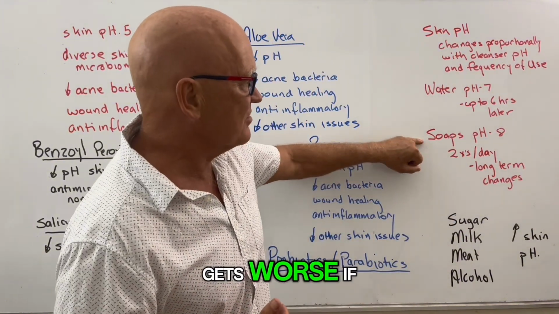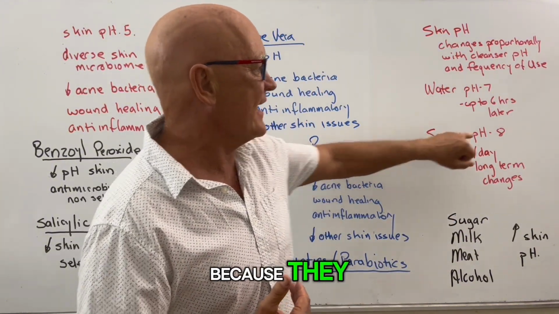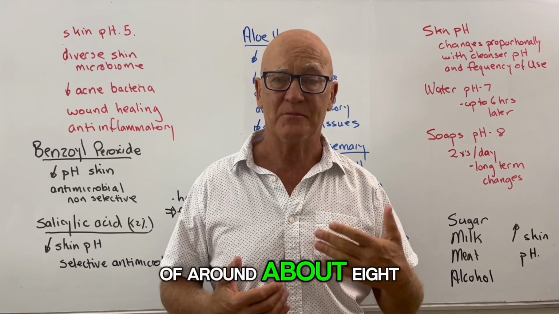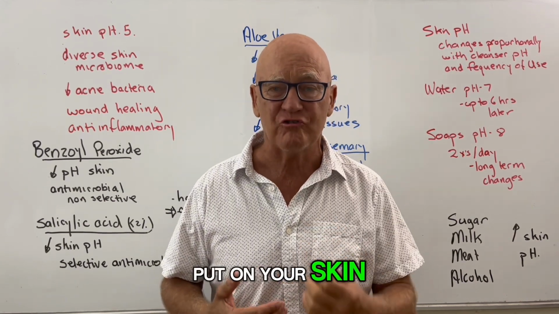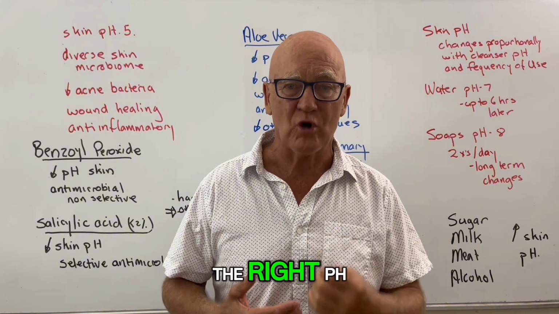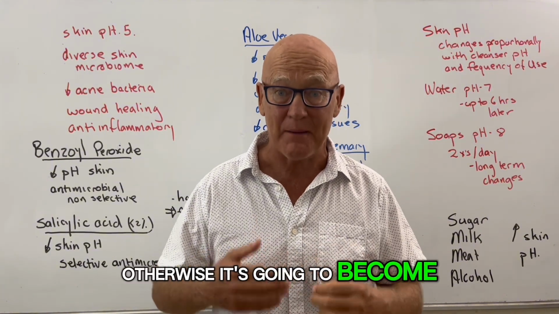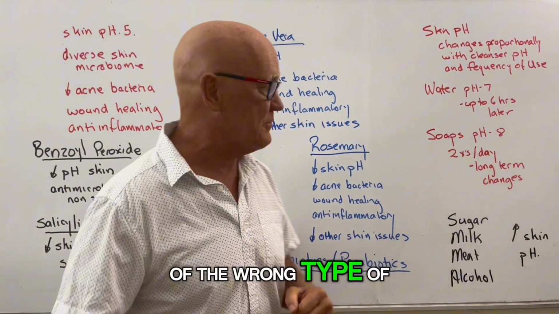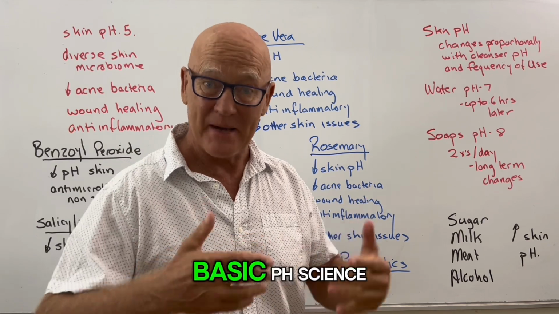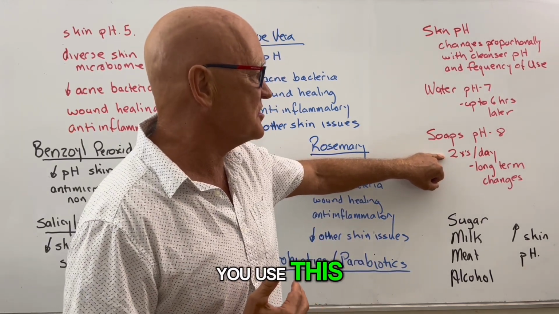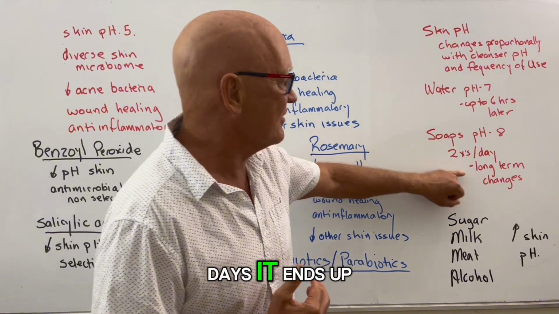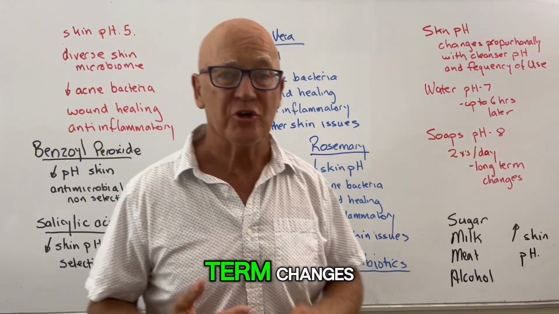Now, it gets worse if you wash with soaps because they often have a pH of around about 8. You need to understand that anything you put on your skin has to have the right pH, otherwise it's going to become the breeding ground of the wrong type of bacteria. Basic chemistry, basic pH science. So 2 times a day, the studies have shown that if you use this 2 times a day for a couple of days, it ends up causing some long-term changes.